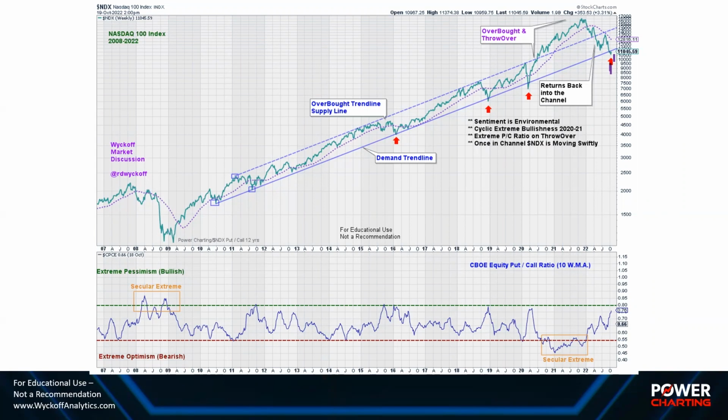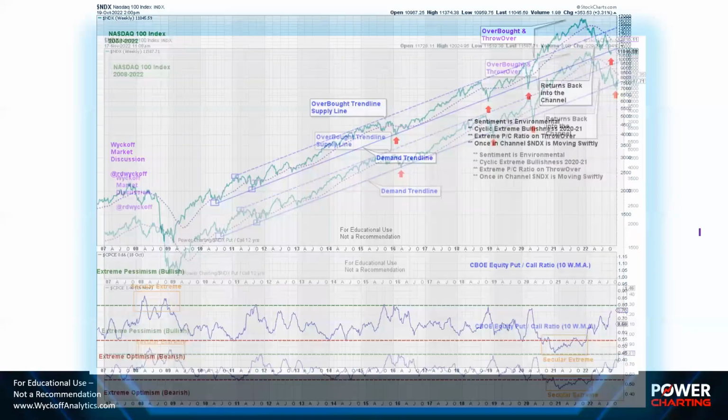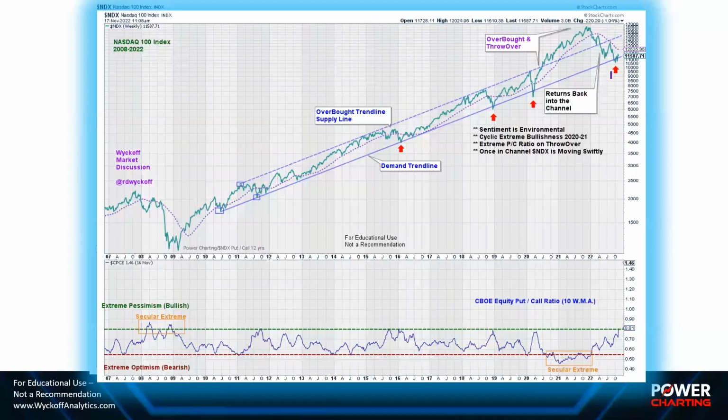We were on the brink, but there was reason to believe that we could have a rally and come back up into the channel. Part of that was because of the oversold condition that we had in the put call ratio, and the put call was pointing to extreme pessimism at that time. What has happened since? Well, interestingly, the NASDAQ 100, dominated by mega caps, which are underperforming now, has rallied a bit, not like the Dow has, not like the S&P has, but it's back up into the channel.